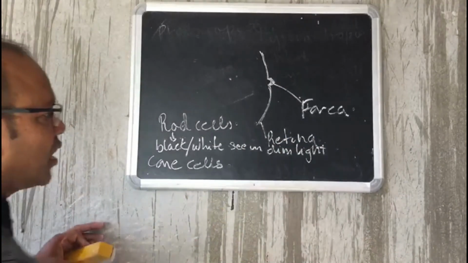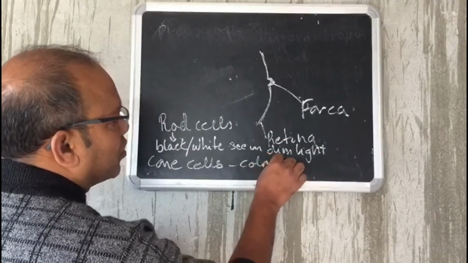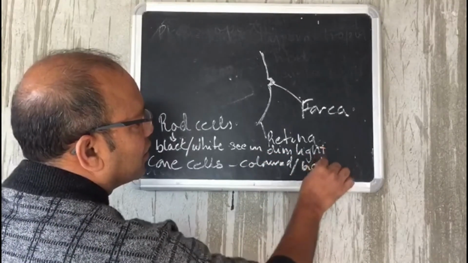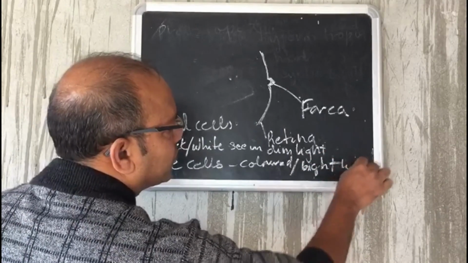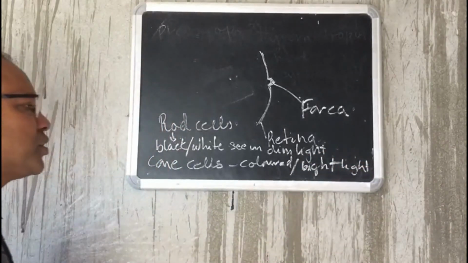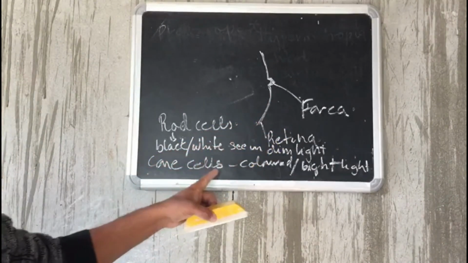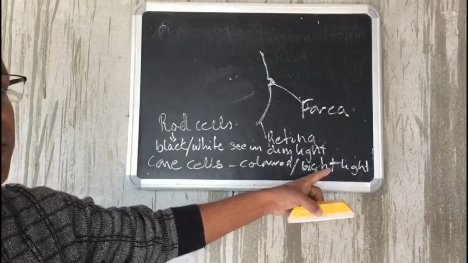Now, cone cells help us to see colored vision as well as bright light vision. The cone cells are specialized cells which help us to see color and in bright light.